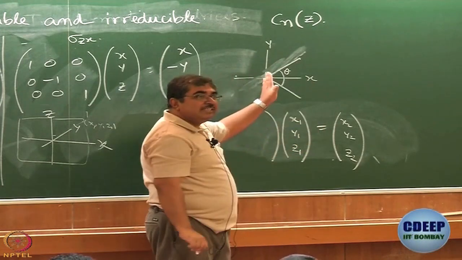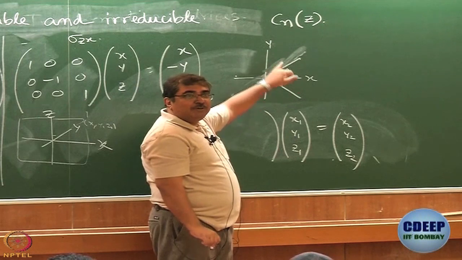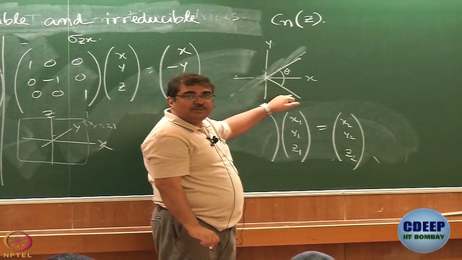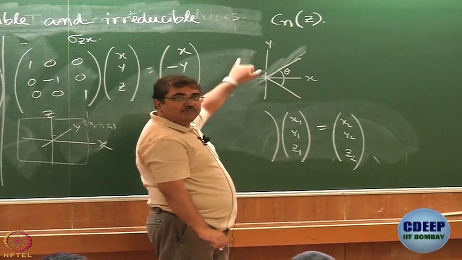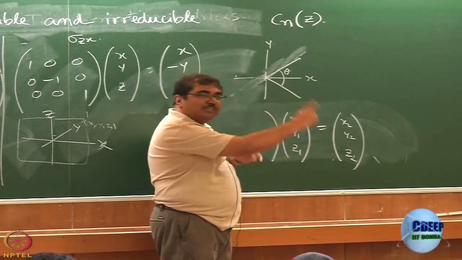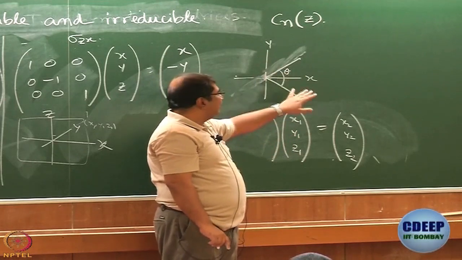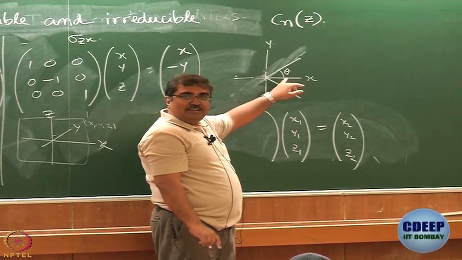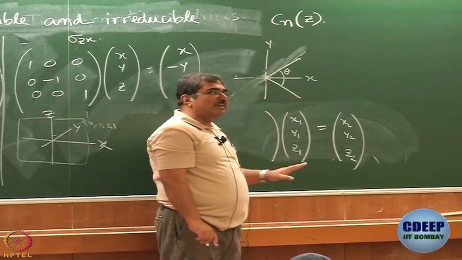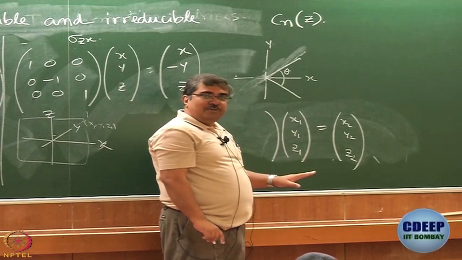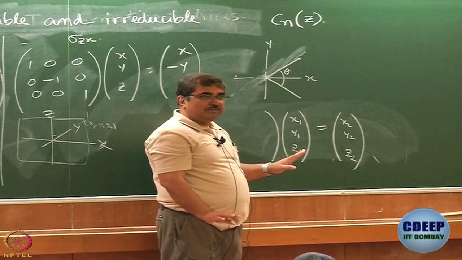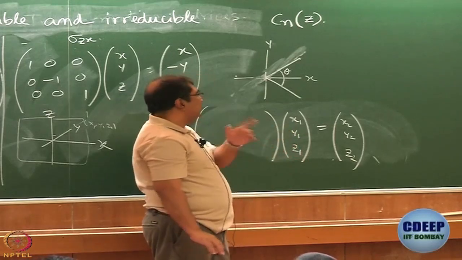It is not necessary that rotation of theta will take me from first coordinate to fourth coordinate. I could have gone here, I could have gone here. All I am doing is a clockwise rotation, and we will just keep this as an acute angle, but exactly similar discussion will follow if the angle is not acute. You can work it out yourself if you want.